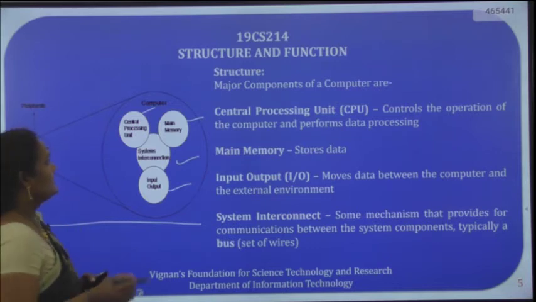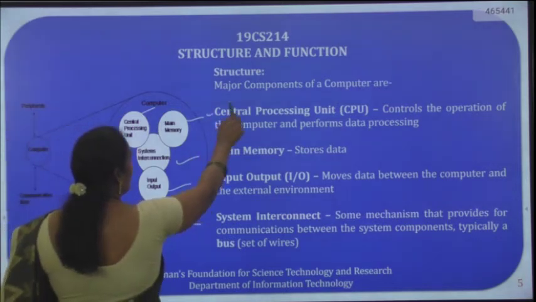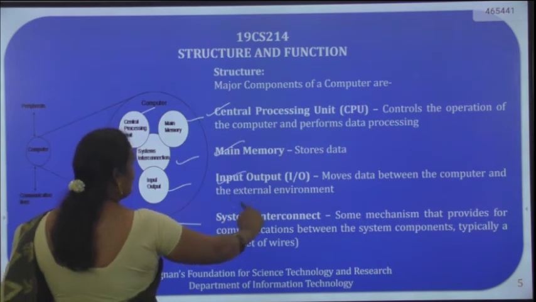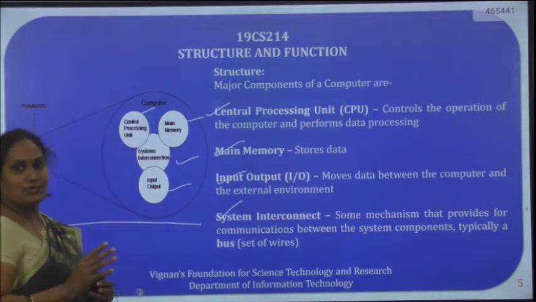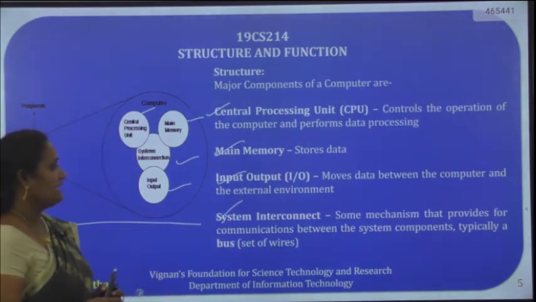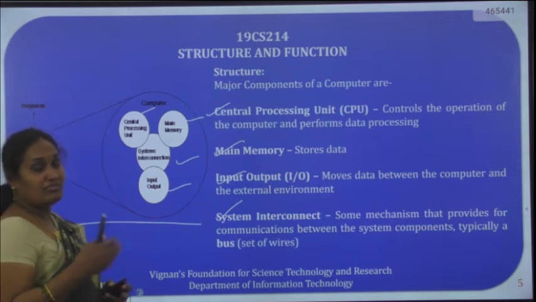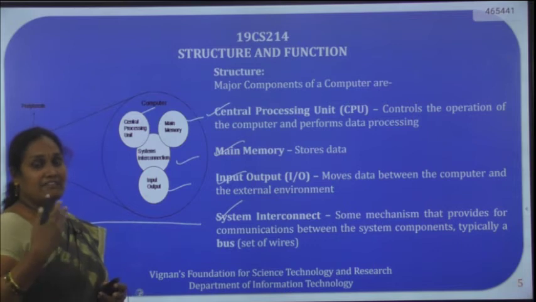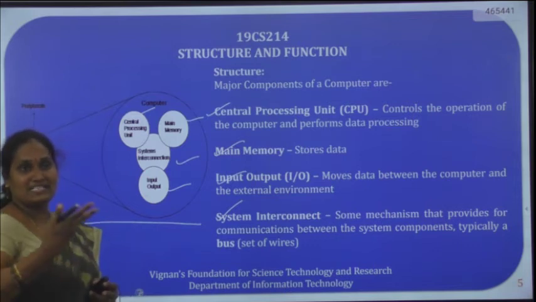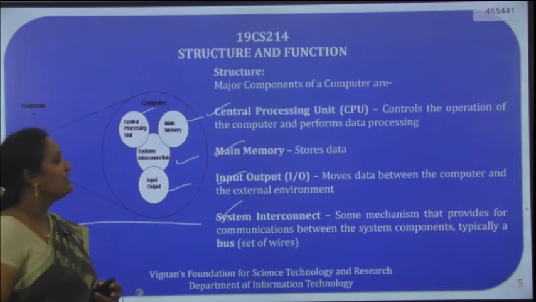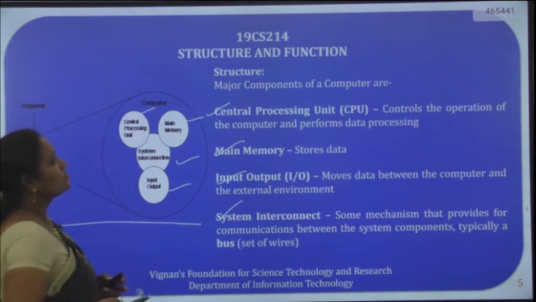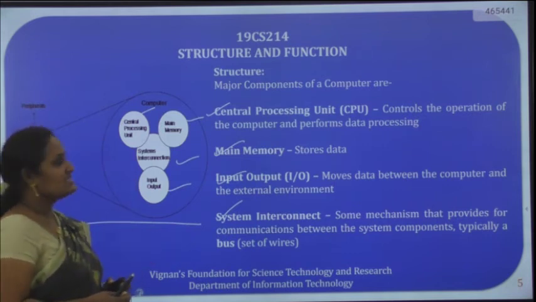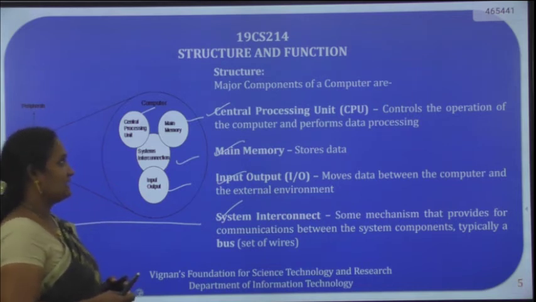So, regarding structure, we have four components: CPU, main memory, input output and system interconnect. We said that at each level of the hierarchy, we need to consider the functionalities of those components. Those four are the functionalities. The CPU can do data processing as well as control the operation of the entire computer.